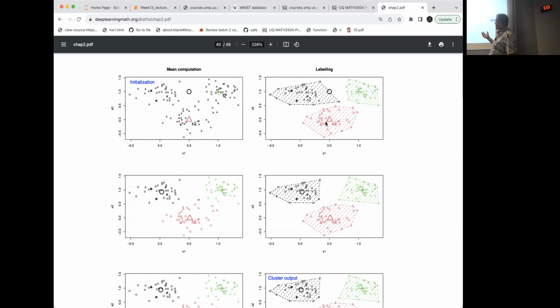Once you've done this, you can go back to mean computation. So it goes from here to this. What do you do now? For the moment, assume that these points are a cluster, and compute the Euclidean mean of this cluster. So this big triangle moves just a bit to be the Euclidean mean of the cluster.